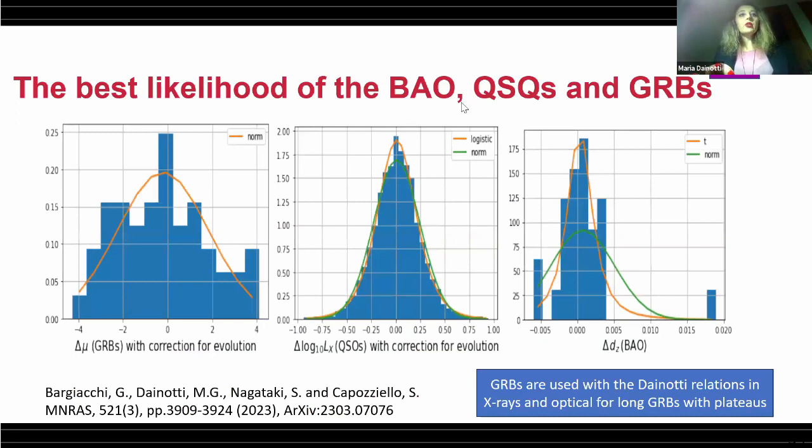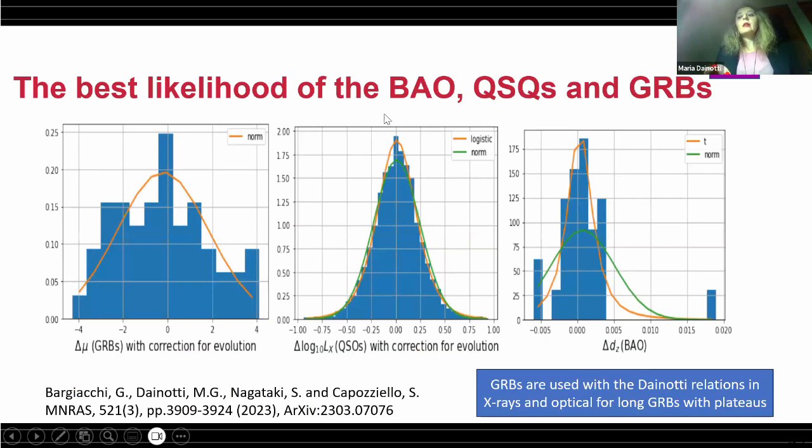Now, I anticipated already that for BAO, quasars and GRBs, we have a problem for quasars and BAO, because the Gaussian distribution is not the best distribution, but we have the Student's t distribution and the logistic distribution for the quasars respectively, while for gamma ray bursts, the Gaussian distribution seems to be okay.